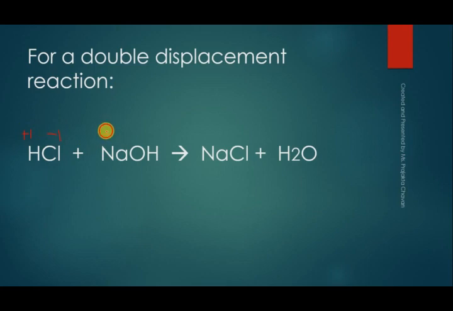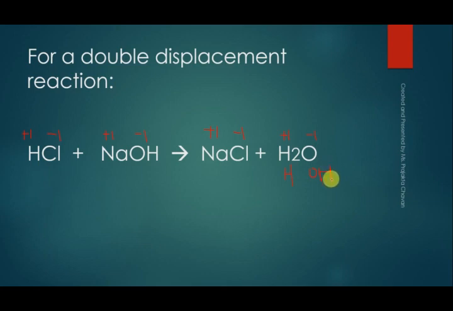Sodium, the charge is +1, and OH, the charge is -1. Similarly, Na, again the charge is +1, Cl is -1, and H2O ionizes as H plus and OH minus, so it is +1 and -1 for OH.